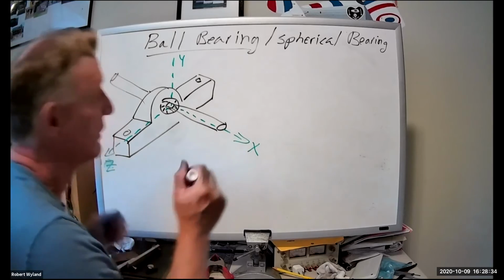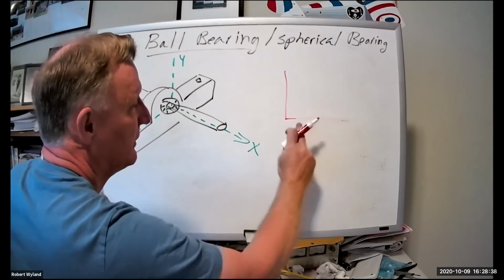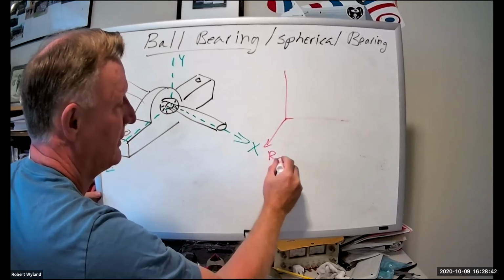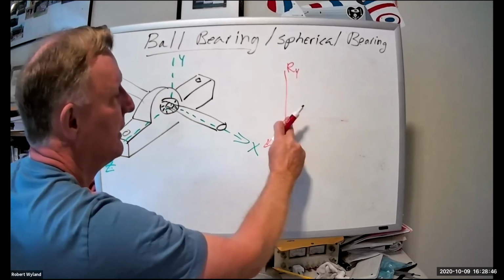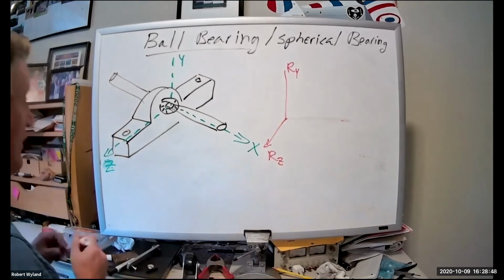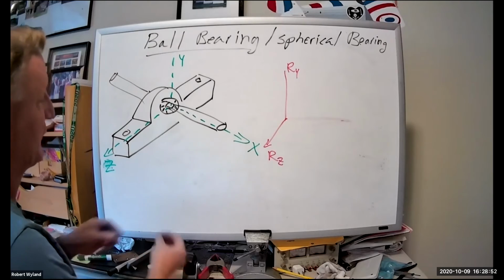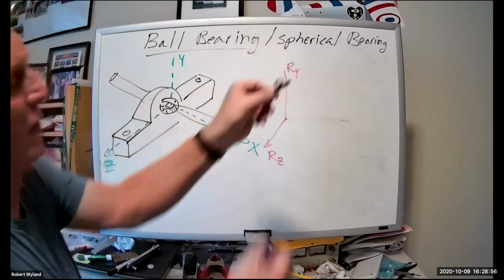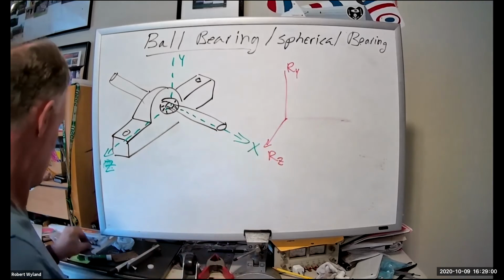So my reactions will look like, I'll have an RZ, RY, and that's it. There are no moments. The moments are, like I said, free to rotate. That's the whole advantage of that spherical portion in the middle, it eliminates moments being translated.